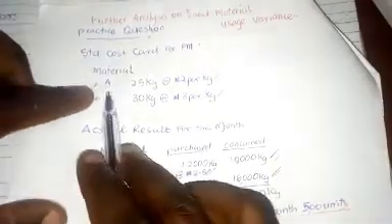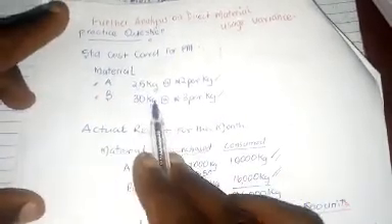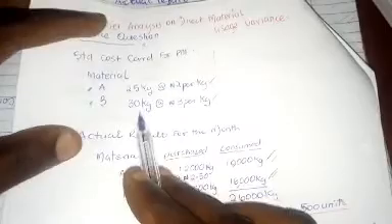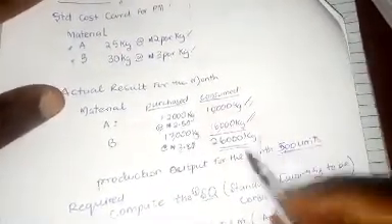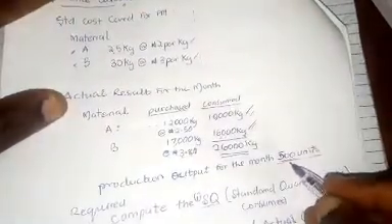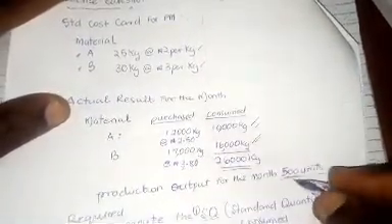The standard quantities are 25 kilograms per unit and 30 kilograms per unit. On the actual output, don't forget, the standard quantity is always calculated on the actual output. Write it down.